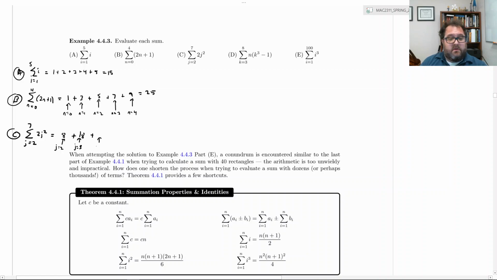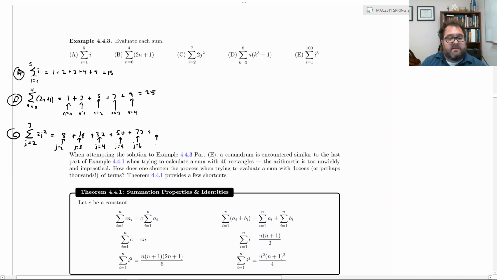Plus, plug in j equals 4. 4 squared is 16, times 2 is 32. Plus, plug in j equals 5. 5 squared is 25, times 2 is 50. Plus, now plug in j equals 6. 6 squared is 36, times 2 is 72.